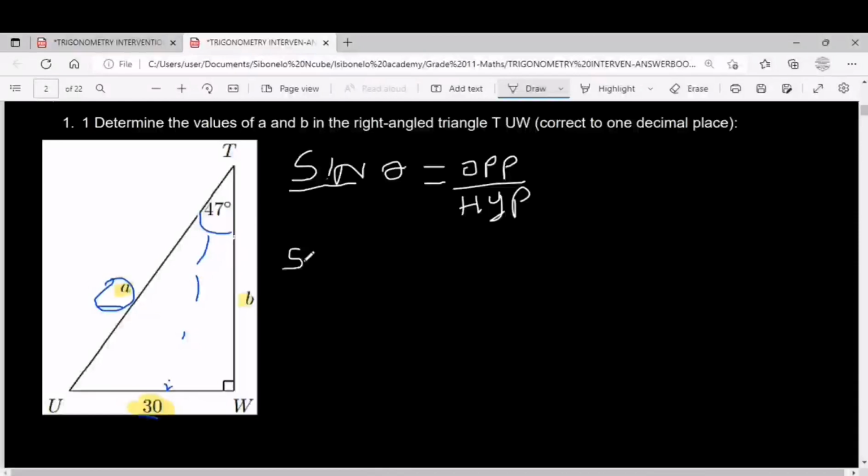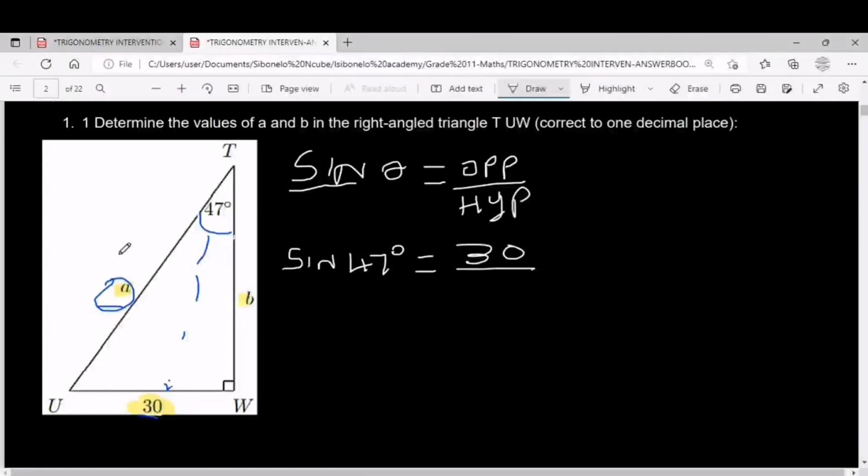This means we have sine 47 degrees equals the length of the opposite side over the hypotenuse. The length of the opposite side is 30, so it is 30 over the hypotenuse, which we do not know.